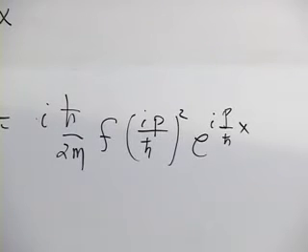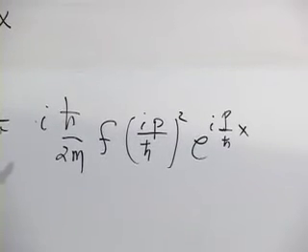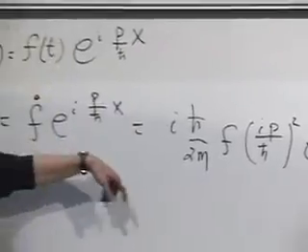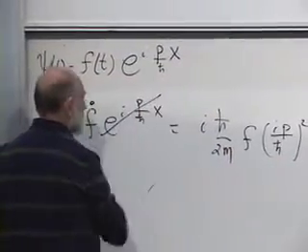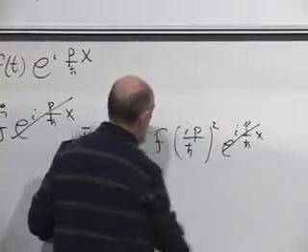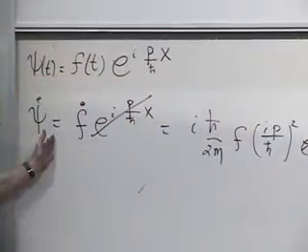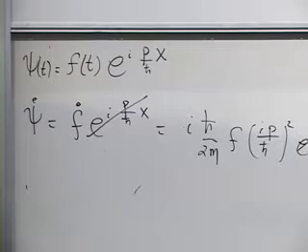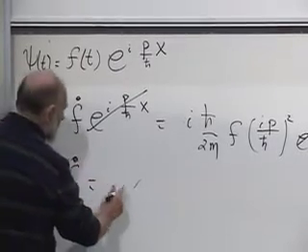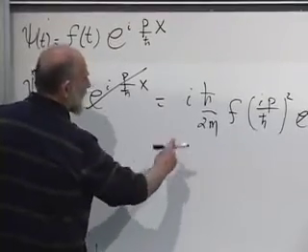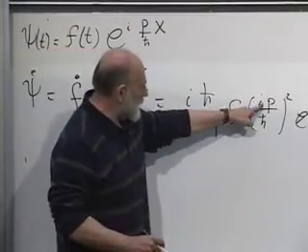Okay, let's see what we have. Both sides of the equation have e to the I p over h bar x in them. We can cancel that off. The rest of it is just an equation for f. And it says that f dot, the time derivative of f, is just, let's see, there are 2 powers of I here.